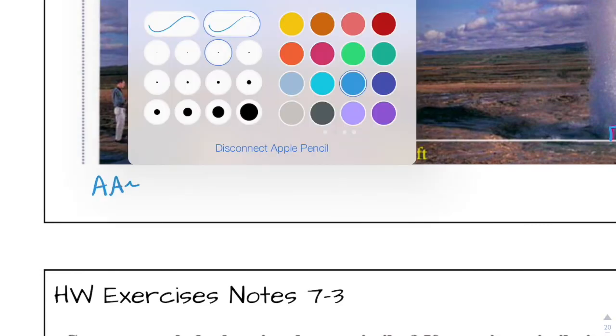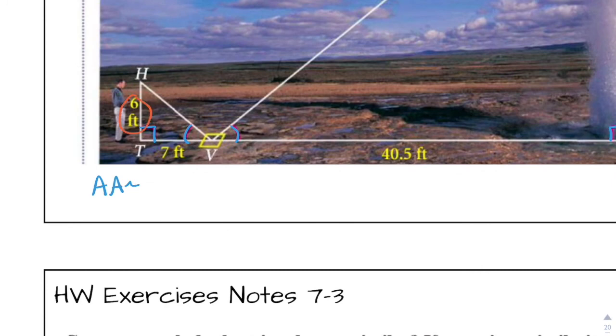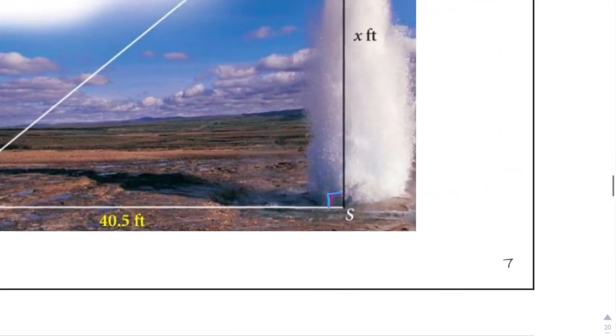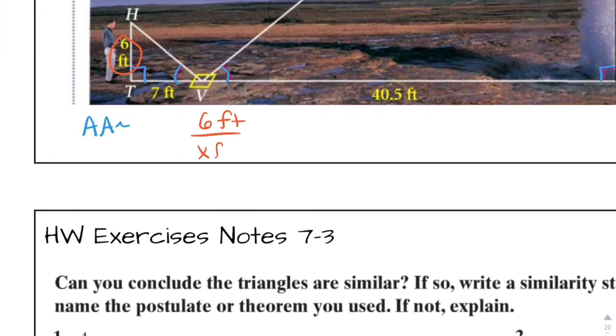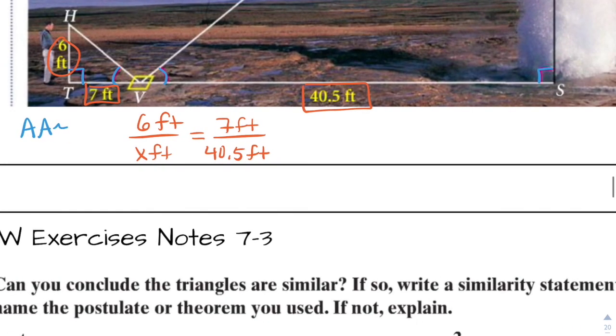So what I'm going to do is take the height of the person, 6 feet, and set that equal to the height of the geyser, x feet. And I'm going to set that equal to 7 feet, the distance away from the mirror the person is, and then the distance the geyser is away from the mirror, 40.5.